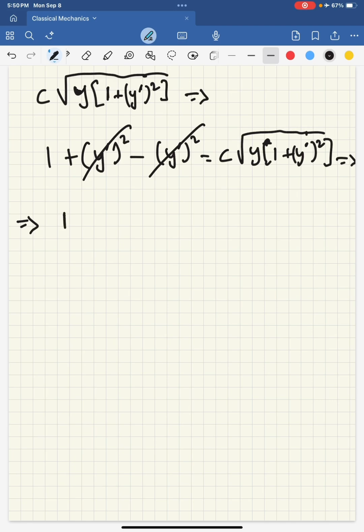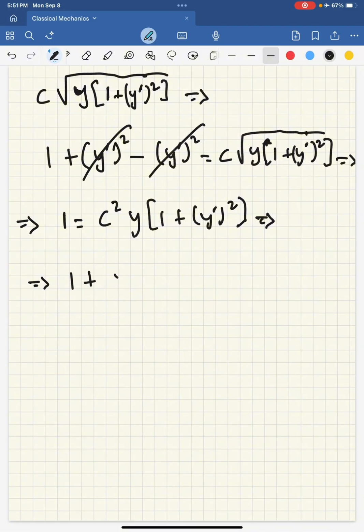1 is equal to, and I'm gonna take the square of both sides now, so 1 is equal to c squared y times 1 plus y prime squared, and we reach the point where we get this equation, 1 plus y prime squared is equal to 1 over c squared y, and then I'm gonna rename this part.